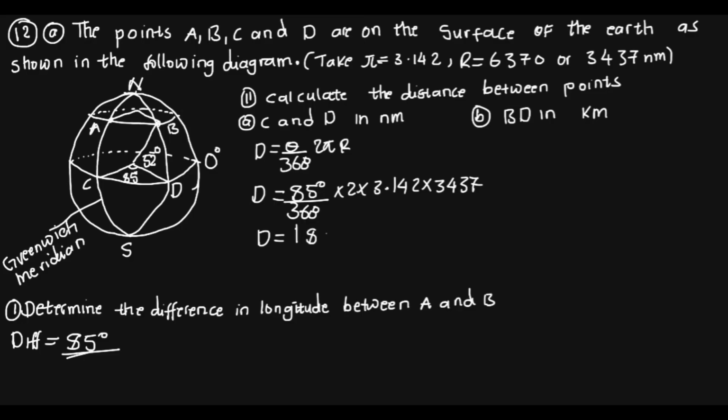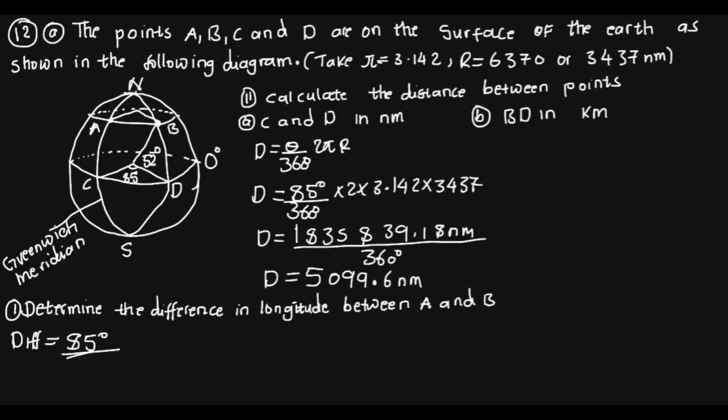Then for the final answer, you divide by 360, giving me 5,099.6 when rounded off.